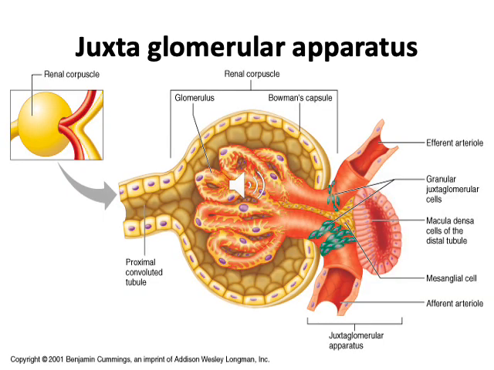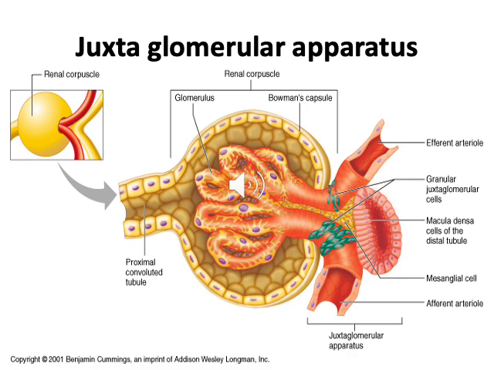As I told earlier, the juxtaglomerular apparatus is a specialized structure formed by the distal convoluted tubule and the glomerular afferent arteriole. It is located near the vascular pole of the glomerulus, and its main function is to regulate blood pressure and the filtration rate of the glomerulus.